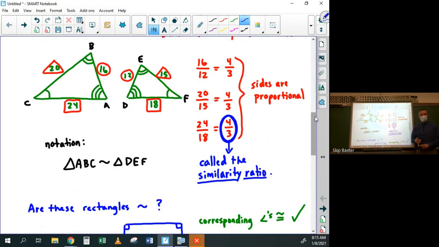And if they are, what is the similarity ratio? They would have to specify, like, what is the similarity ratio of the large triangle to the small triangle? And you'd say 4/3. If they said, what's the similarity ratio of the small triangle to the large triangle? You'd say 3/4. So they'll tell you which way to make the fraction.